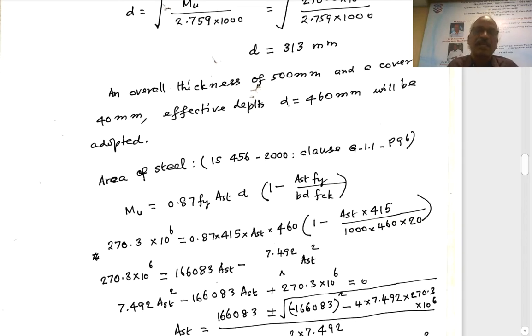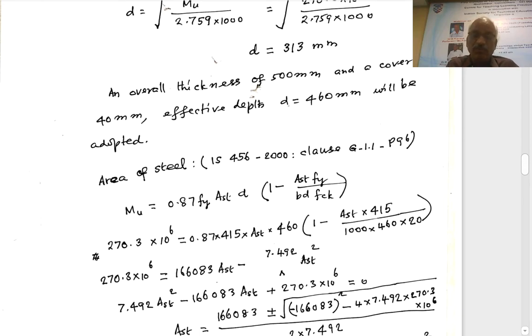Nothing wrong in taking 450 mm or 400 mm, right? So provide 500 mm and a cover of 40 mm. Normally for the upright slab, for the stem, we provide 30 to 40 mm cover. Therefore, we provide a cover of 40 mm, so the available effective depth equals 460 mm.